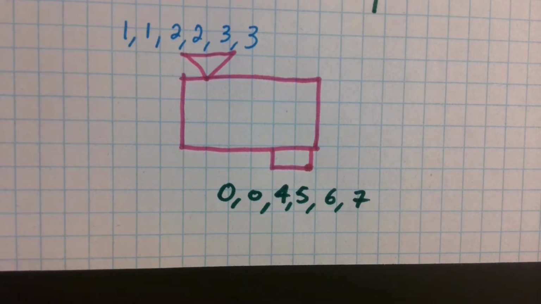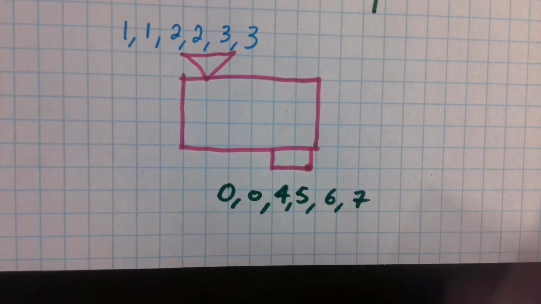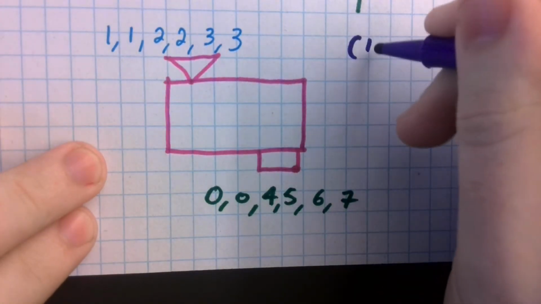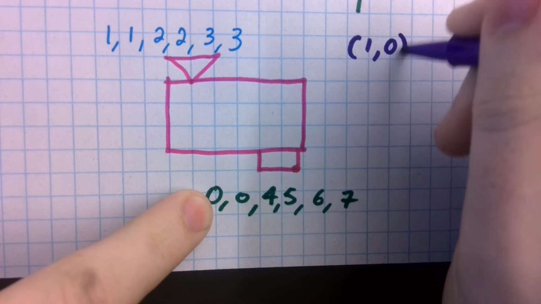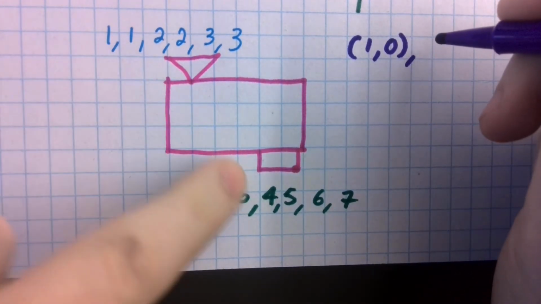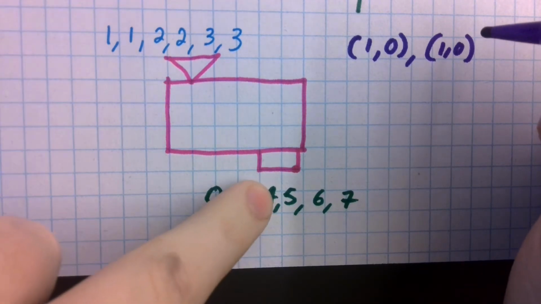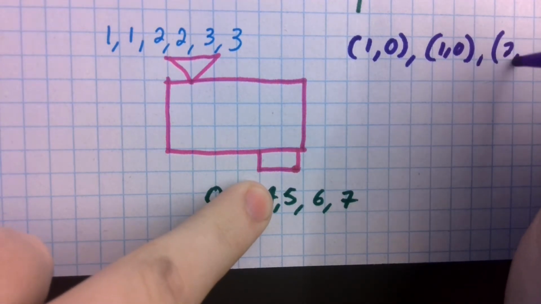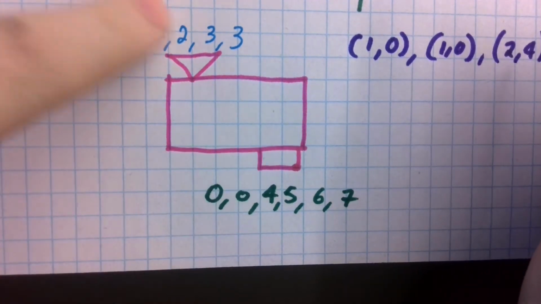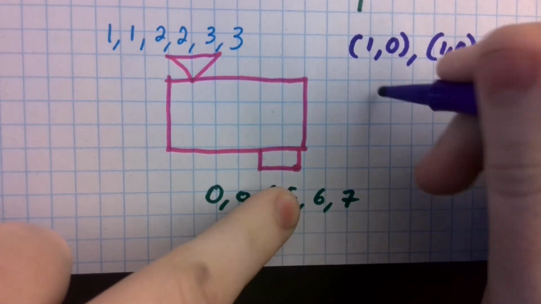This one is a broken function machine, because if I write out the ordered pairs, 1 goes to 0, this one goes to this 0, that's so far working just fine. 2 goes to 4, okay. 2 goes to 5, okay.